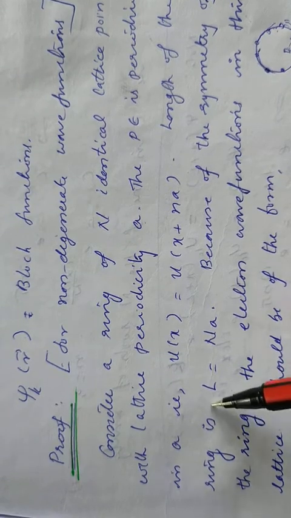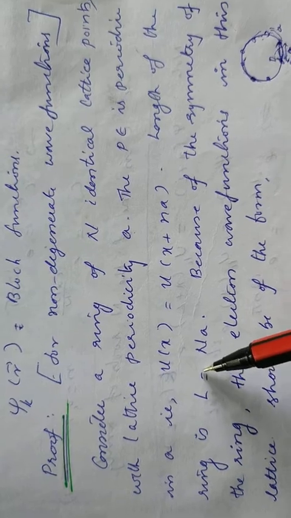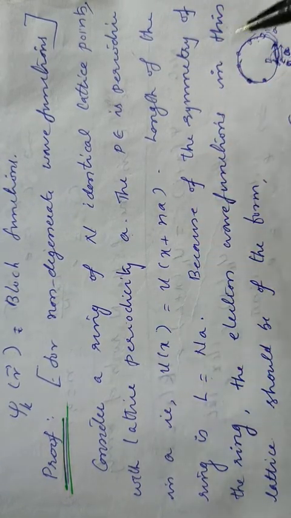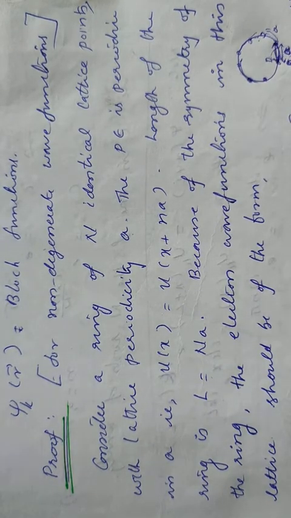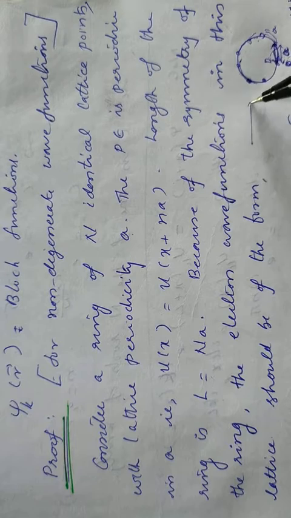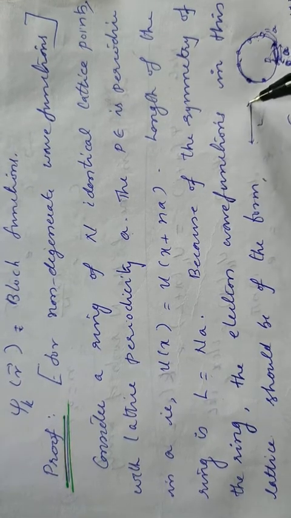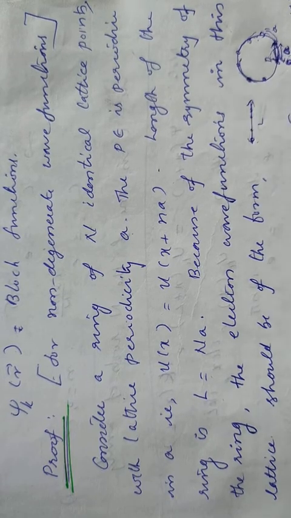The length of the ring can be represented as L equals N into A. We have considered a ring of total length L. If we cut the ring and stretch it out, the length is L, and there are lattice points arranged along this line.